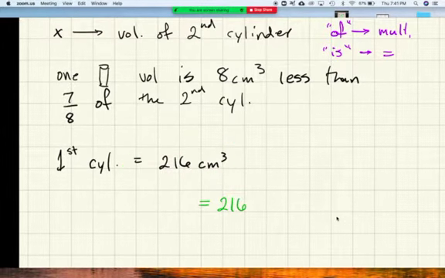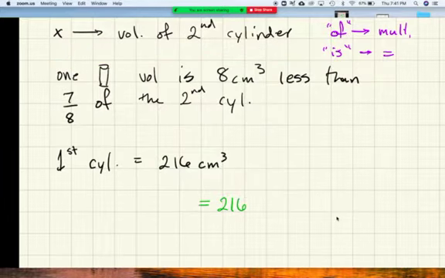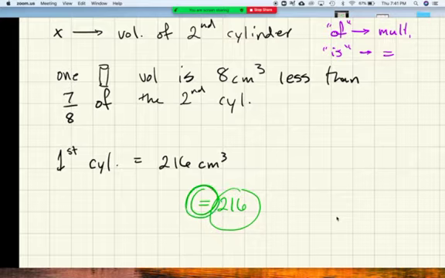I'm going to try to read this and change it into a math equation. One cylinder's volume, we already know, is 216. The cm cubed doesn't mean anything, it's just the units at the end, so we don't have to write it in our equation. "Is" is the equal sign.